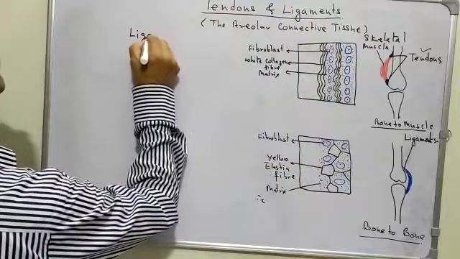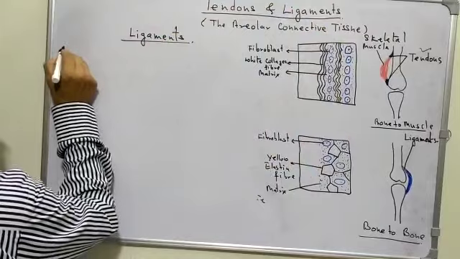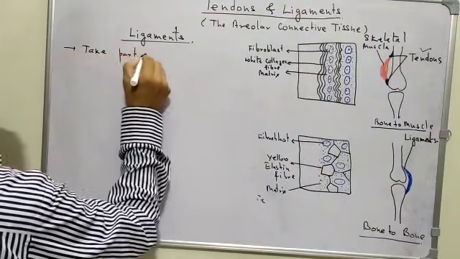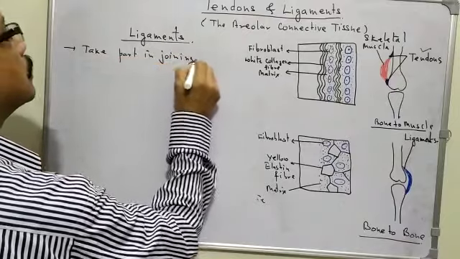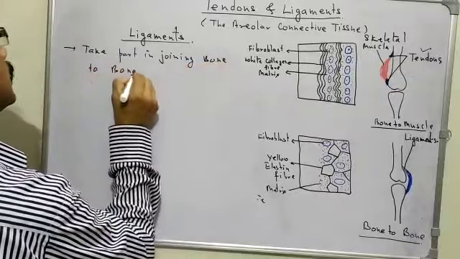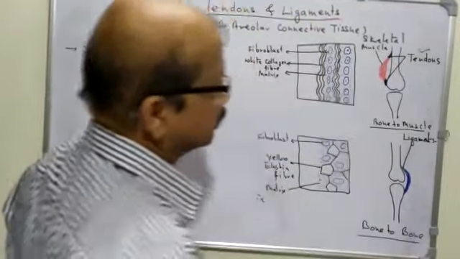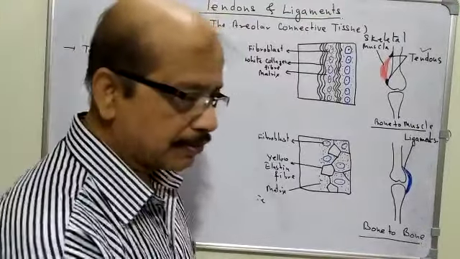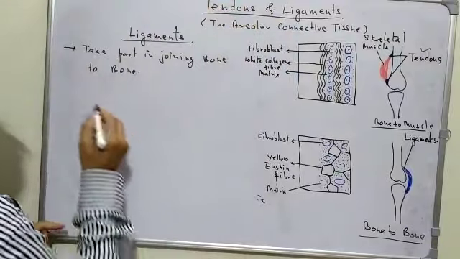Ligaments. What are ligaments? They take part in joining bone to bone. They take part in joining two bones to bones. So they are called ligaments, and because of them, movement takes place.